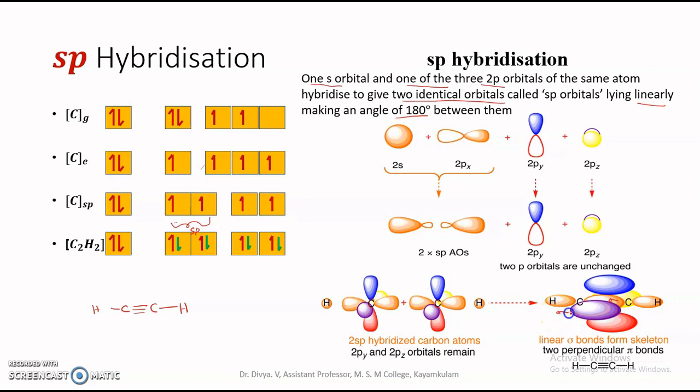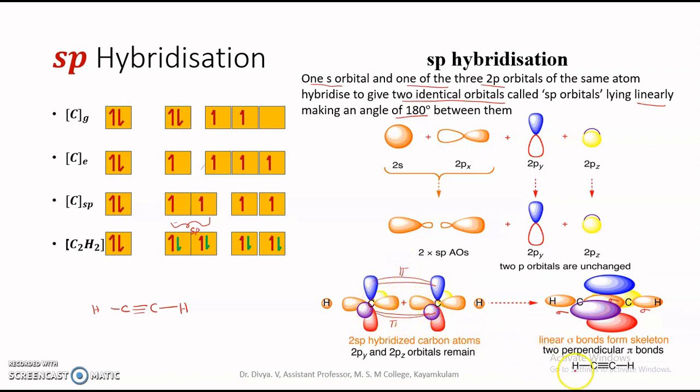CH sigma bonds. Okay, and we know that there are 2 unhybridized p orbitals. They are lying perpendicular to the molecule, so they overlap sidewise, leading to the formation of 2 pi bonds.